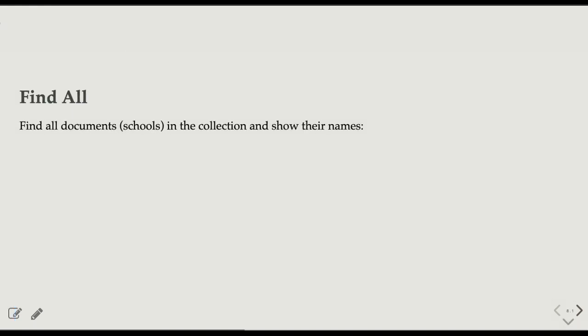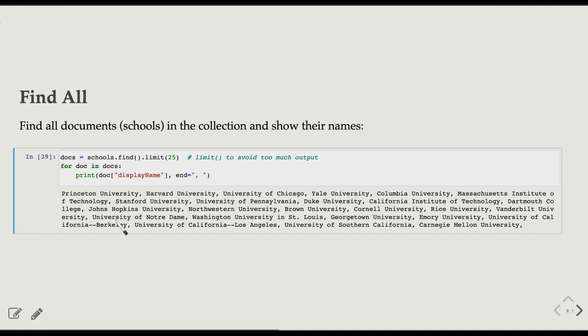Let's do something more. Let's find all documents or schools in the collection and show their names. We can use this schools, again, schools is a collection. The find is going to find all the documents. Again, without any parameter, without any condition, we're going to find all documents in there.